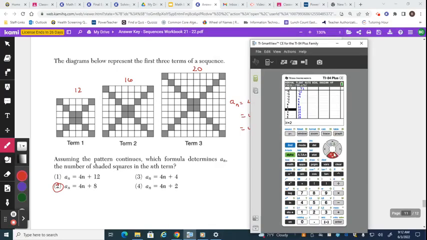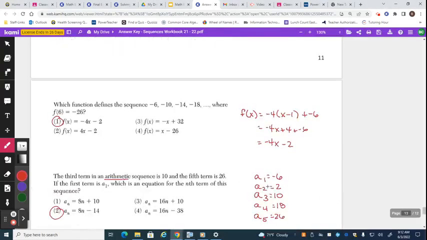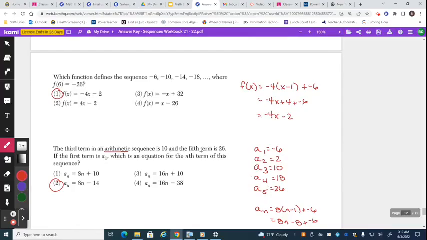First term is 12, 16, 20. Those match up. Top of the next page, -6, -10, -14, -18. Those numbers are going down by 4. And they're starting at -6. So I plugged those in, simplified, I got -4x minus 2.